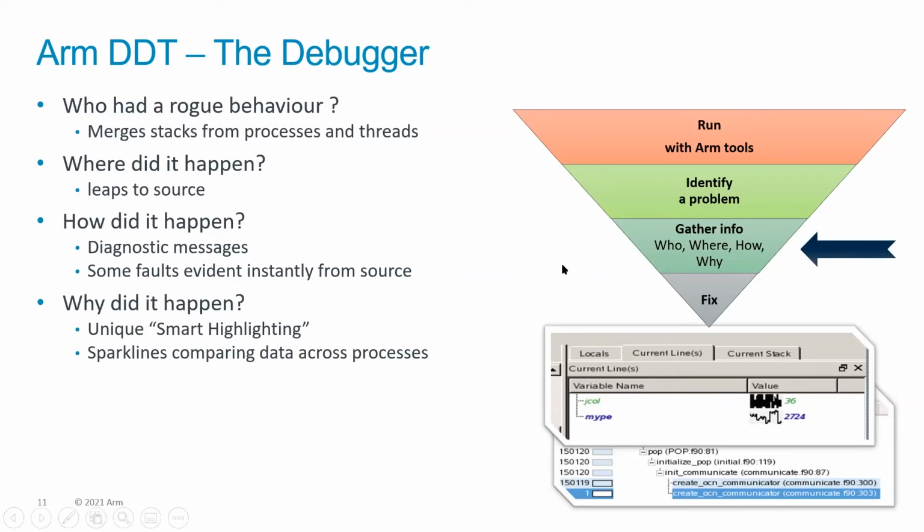In this slide, we have DDT running on a pre-production MPI library code. What was supposed to happen was that my PE was supposed to correspond to my rank.